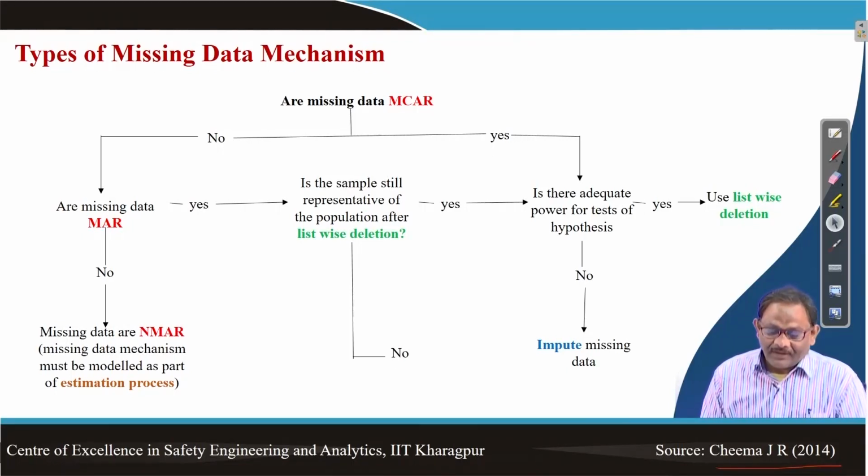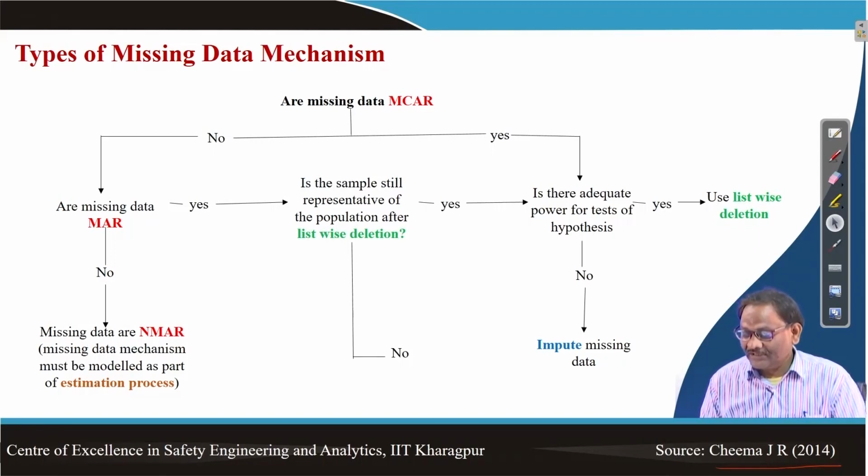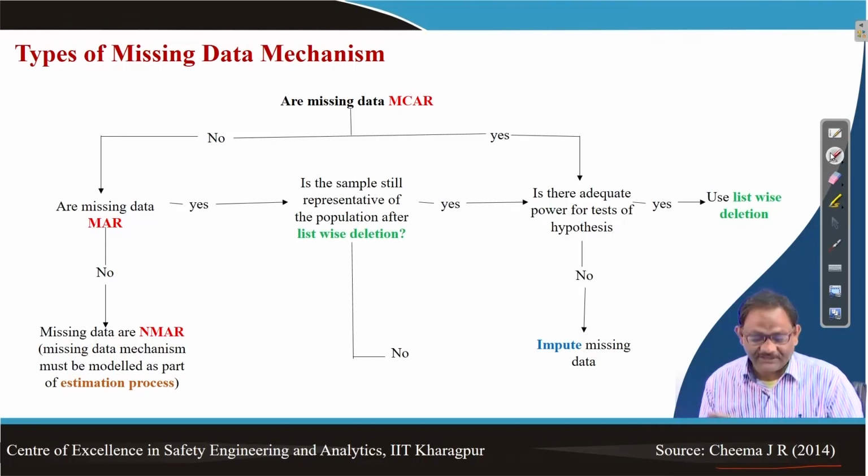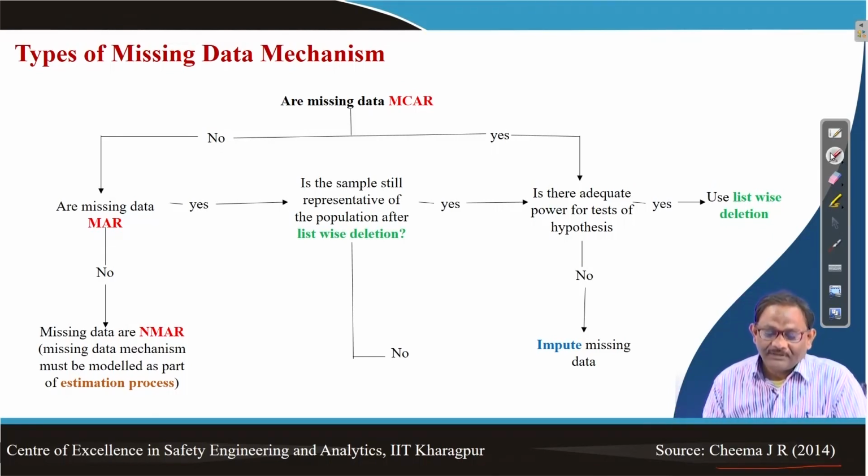Here I want to tell you that not only the type of missingness, but at the same time we want to give you some idea of how to handle the missingness. The handling of the missing data here is, suppose data is missing completely at random, it is yes.